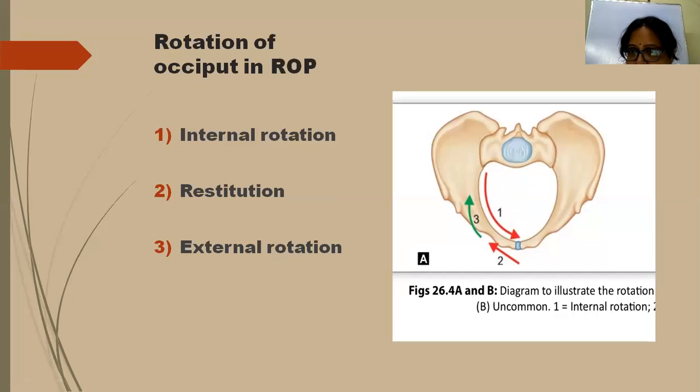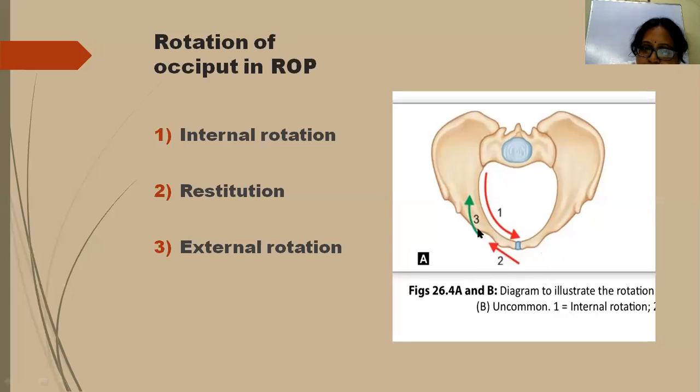The neck has undergone a torsion of 1/8 of a circle. So to untwist itself, it will move in the direction opposite to that of internal rotation. So the neck will move like this through 1/8 of the circle, from here to here, in the opposite direction of internal rotation.